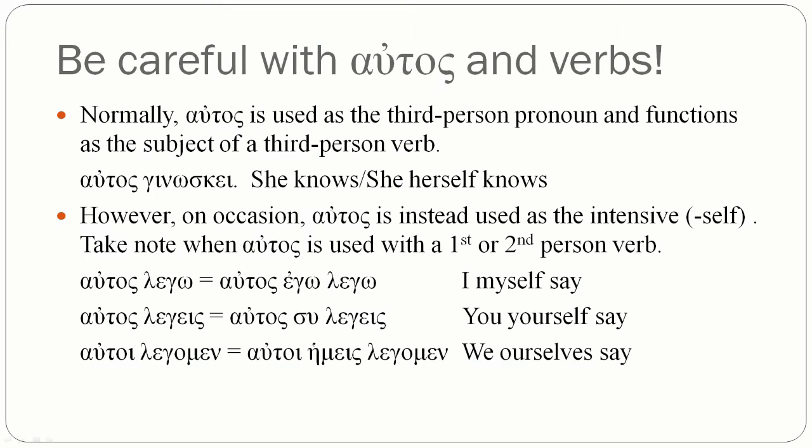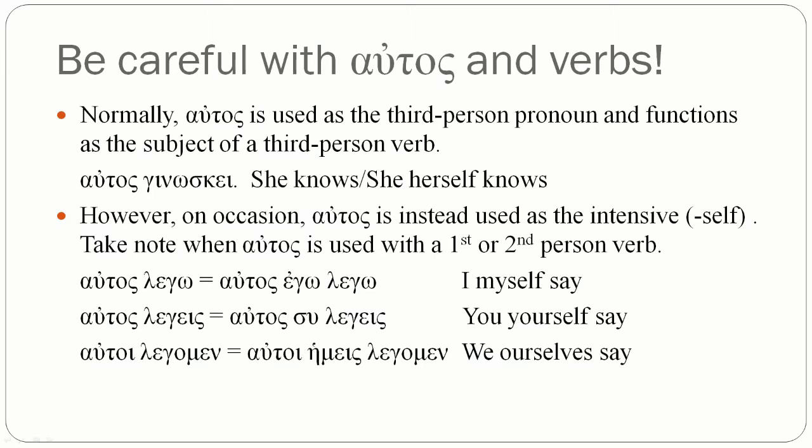But in this case, autos is intensifying the ego. So autos lego does not mean he, I say. It is simply intensifying it, so it says I myself say. Again, you have lego, a first person singular verb, and then you have autos there, a third person singular pronoun.